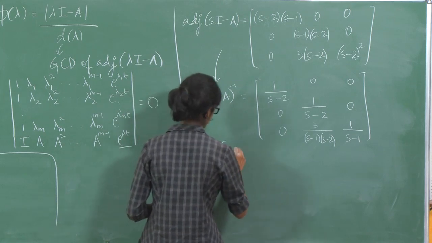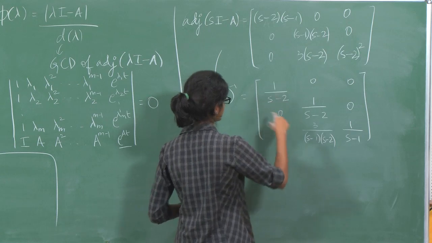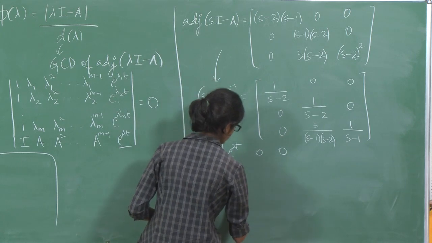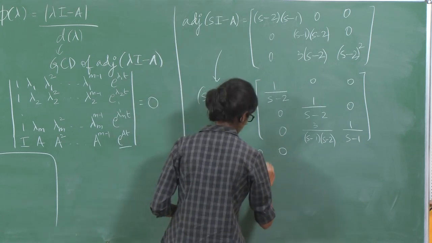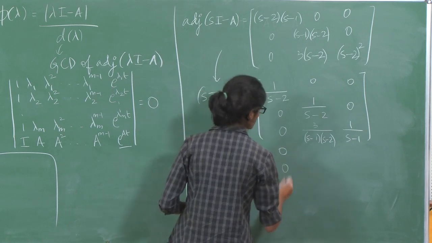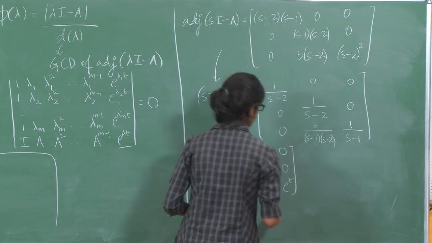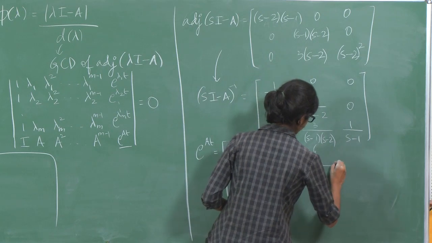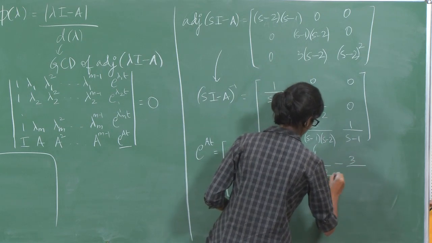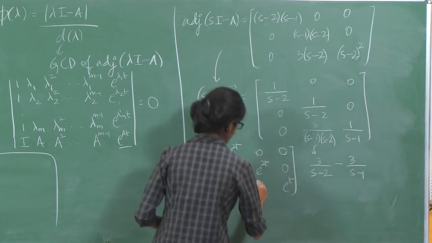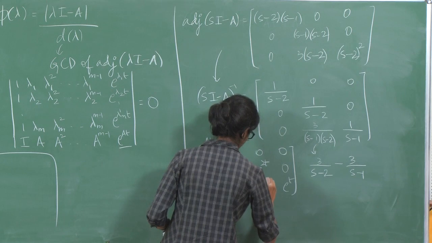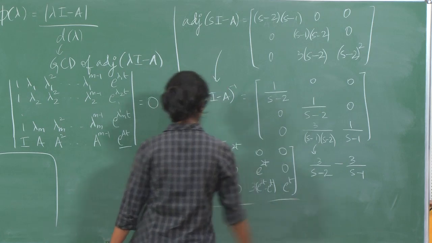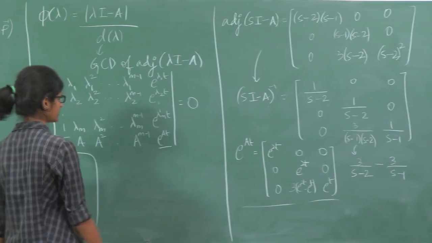So the inverse Laplace transform of 1 over s minus 2 is e power 2t. Similarly, you take the inverse Laplace transform of every element in the matrix. We know how to compute the inverse Laplace transform of this by expanding it in terms of partial fractions. So that will just be 3 times (e power 2t minus e power t). So that's the matrix exponential computed using inverse Laplace transforms.